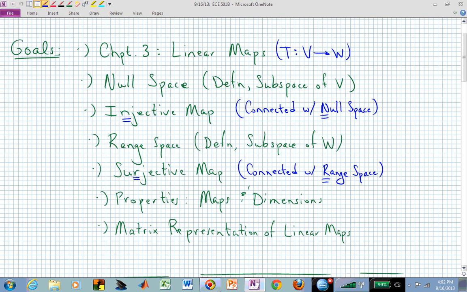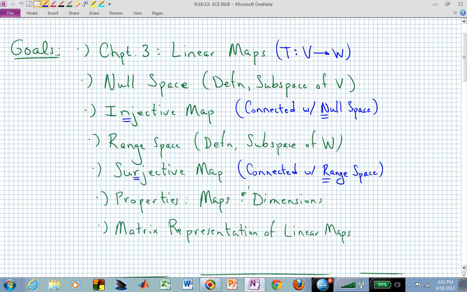We'll hopefully review a little of that. We'll go over the definition and show that the null space is a subspace of the domain vector space V. That's where our vectors are coming from before we map them into where they're going, which I might call the codomain.